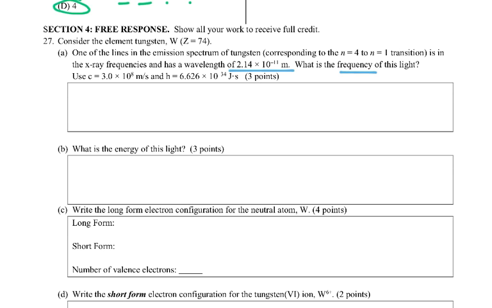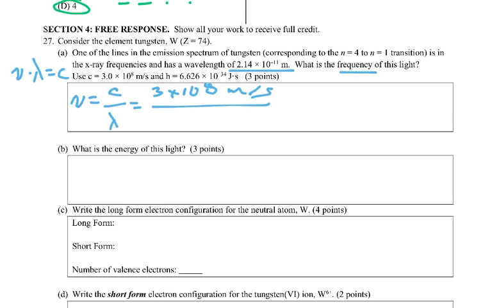Well, we know that frequency times wavelength equals C. So we want the frequency, so frequency is equal to C divided by wavelength. So we're just going to substitute in our numbers. So 3 times 10 to the 8th meters per second divided by wavelength, which is, we just said 2.14 times 10 to the negative 11th meters.